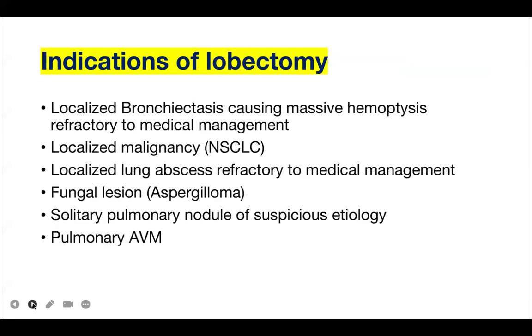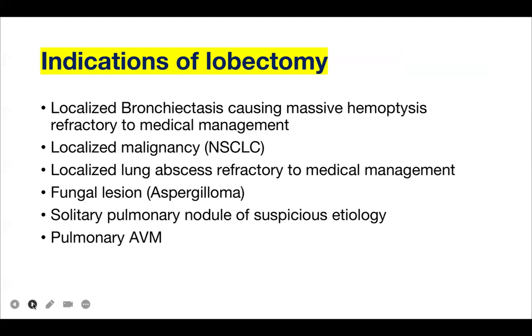And if we consider the lobectomy, we should say it like this. The common cause underlying lobectomy should be considered whatever the findings. If we get clubbing and coarse crackles, we should say bronchiectasis could be a cause of lobectomy. If we get nothing, we should say localized bronchiectasis causing massive hemoptysis, refractory to medical management.